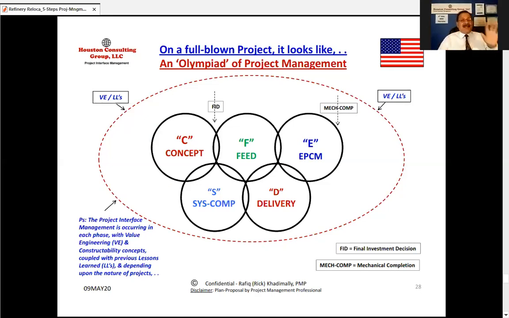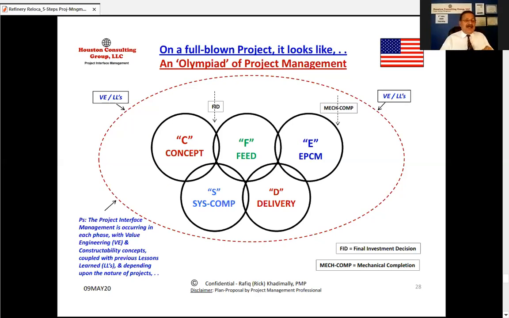C is concept, F is FEED, E is EPCM, S is systems completion, and D is delivery. So all these circles are overlapping each other. Between concept and FEED, you have FID. What is FID? Final investment decision. Between E, which is EPCM, and systems completion, you have mechanical completion, and it is delivery.